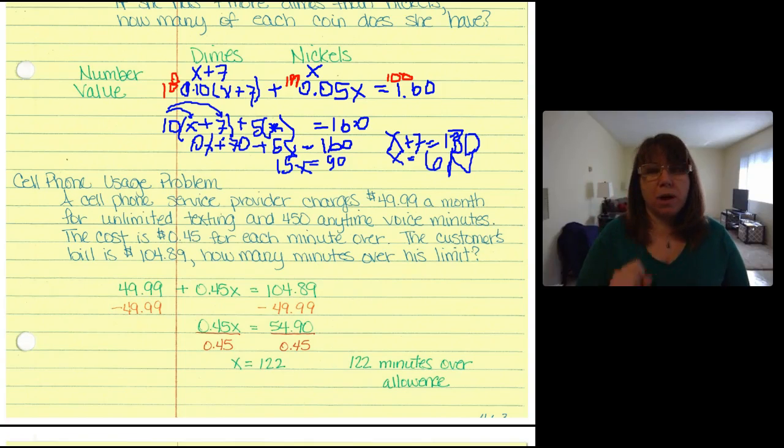Let's try one more problem. A cell phone service provider charges $49.99 a month for unlimited texting and 450 anytime voice minutes. And the cost for each minute over our 450 minutes is 45 cents for each minute. If the customer's bill is $104.89, how many minutes is he over the limit? Now I'm going to set this up algebraically.